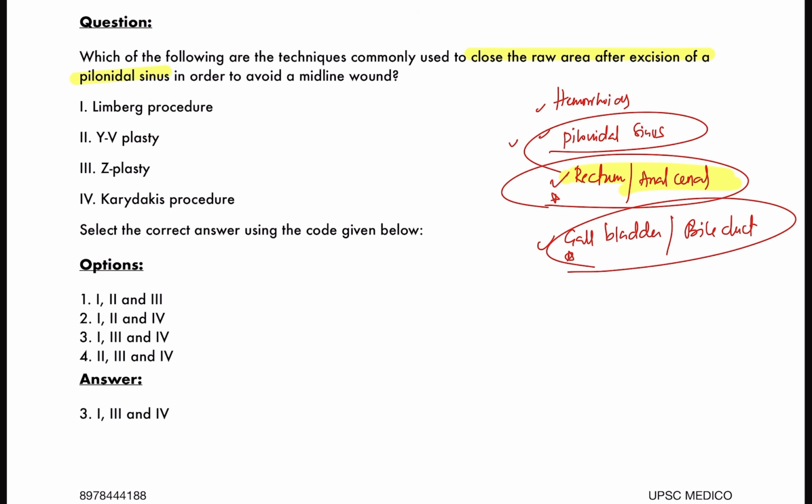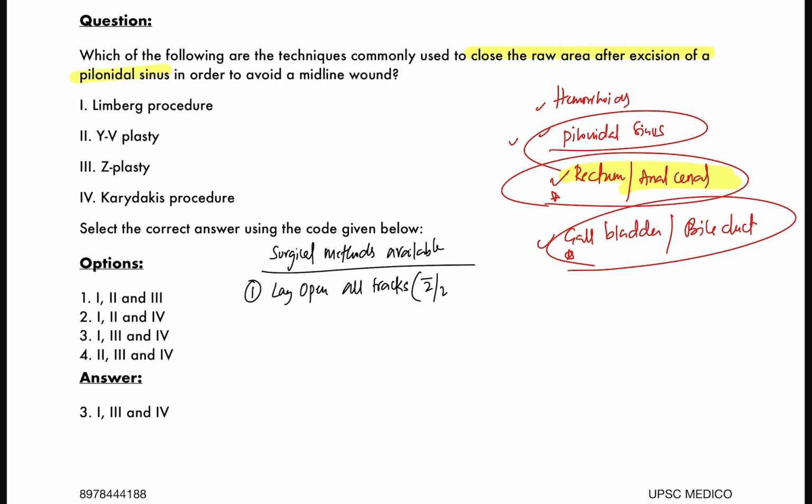Now when we treat this case of pilonidal sinus, there are various surgeries available. I am talking about the surgical methods available to treat pilonidal sinus. So one surgical method is just lay open all tracts. You can either do marsupialization or without marsupialization.